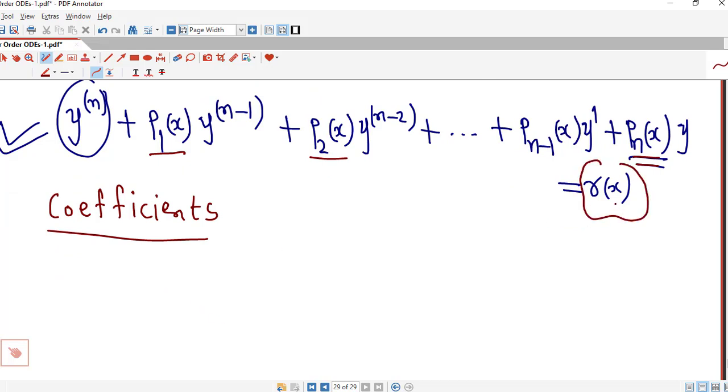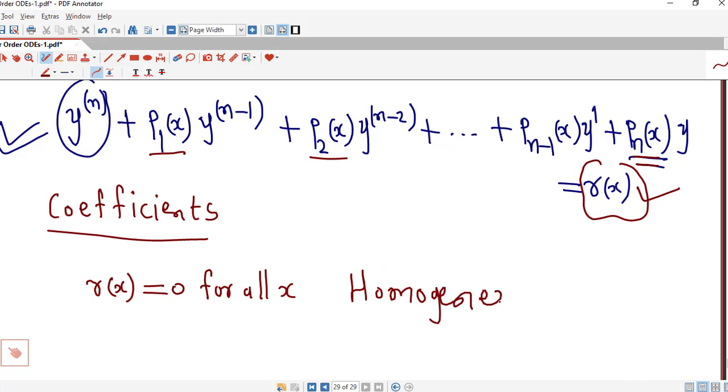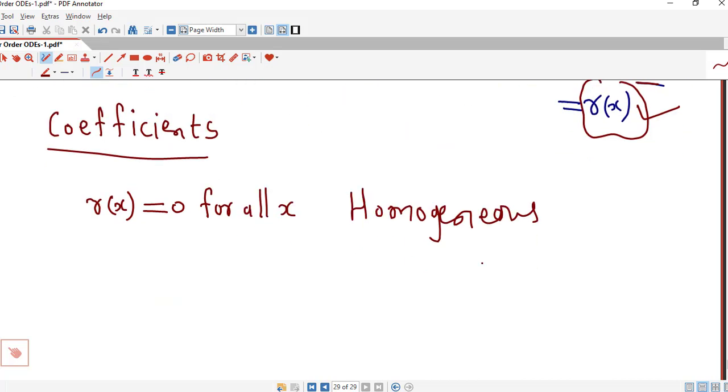Depending on the nature of this function, we have another characterization. Suppose the function on the right hand side is 0 for all x, then this linear differential equation is known as a homogeneous linear differential equation.